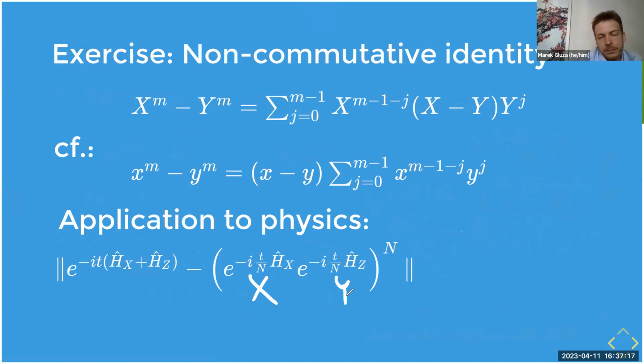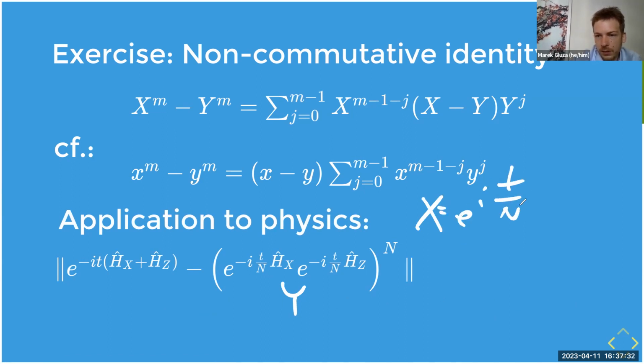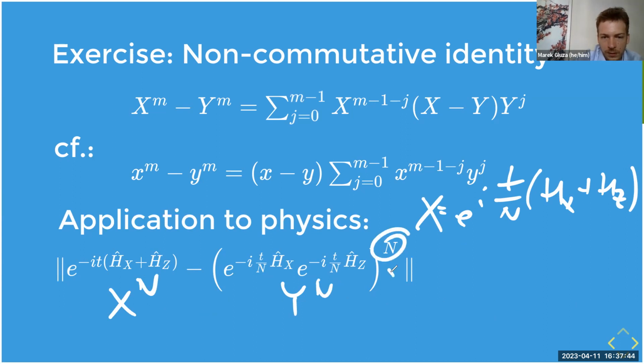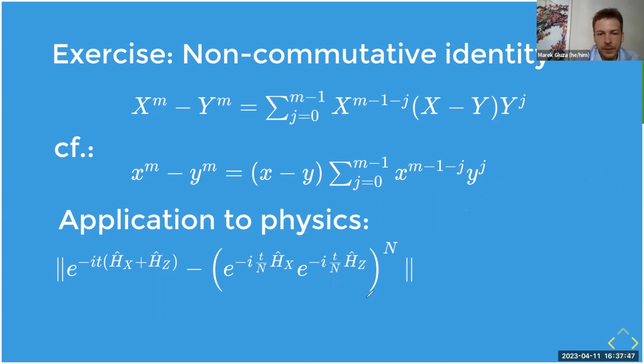This is our operator y, and our operator x is e to it over n hx plus hz. Okay, just redoing what I was showing already. So this is x to power n, and this will be y to power n if we include this here. Okay.